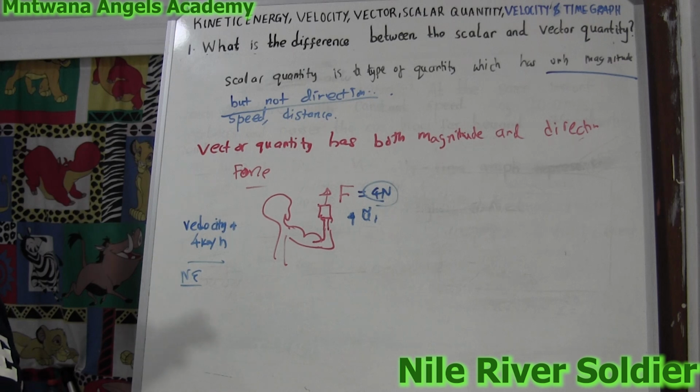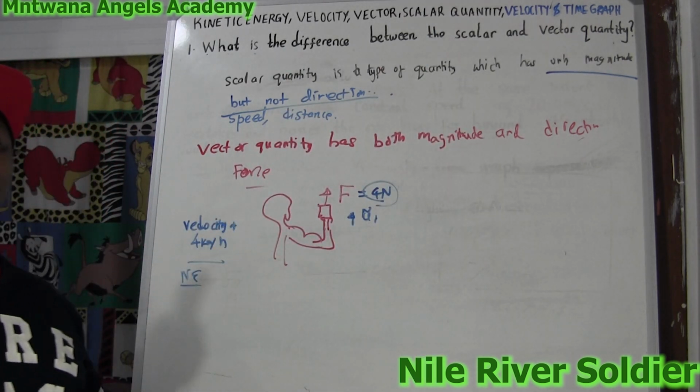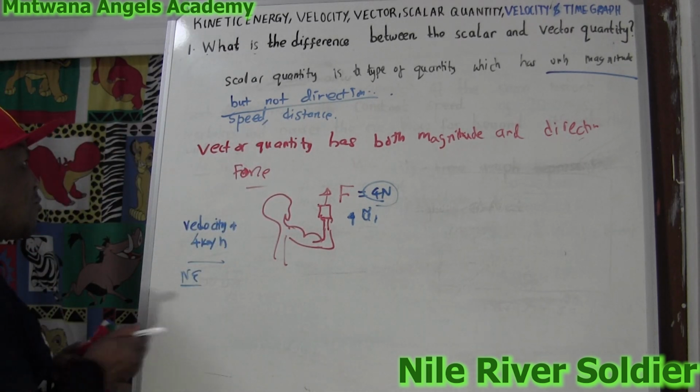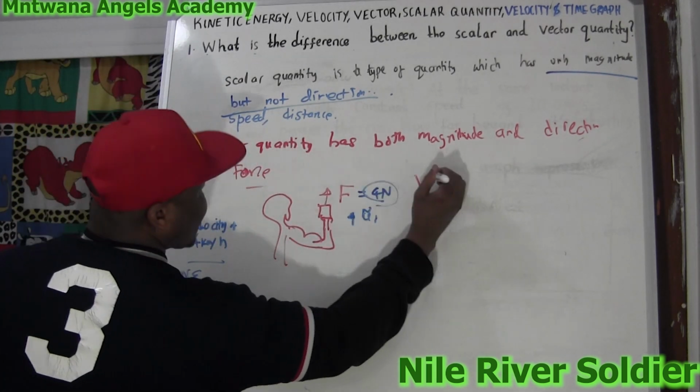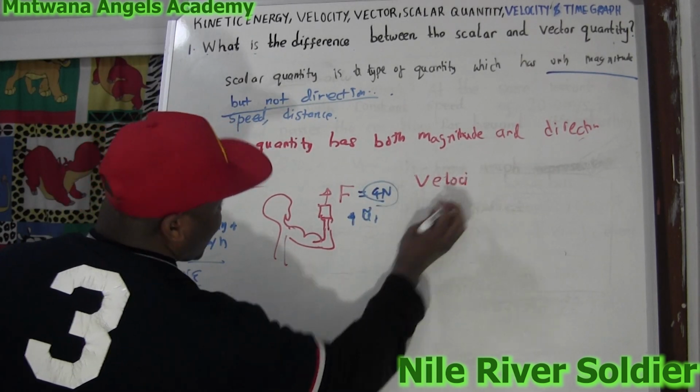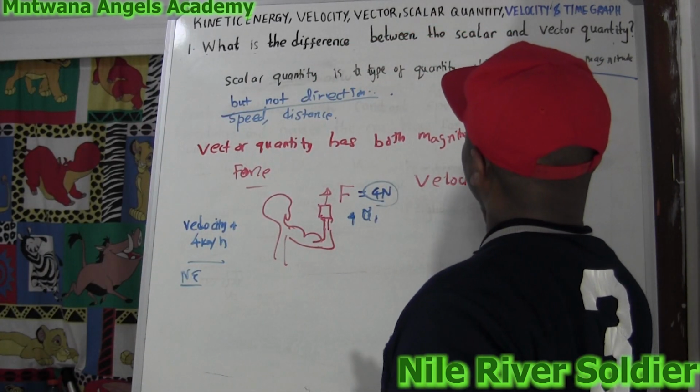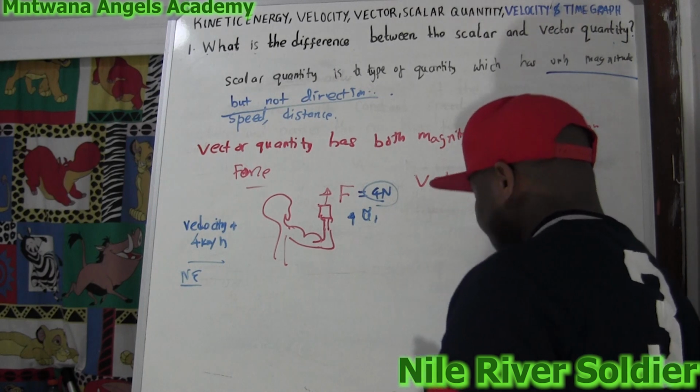It is 4 kilometers. But if you say to town, or from east, you specify direction, then that's not speed anymore. It's going to be velocity. Velocity is a vector quantity.